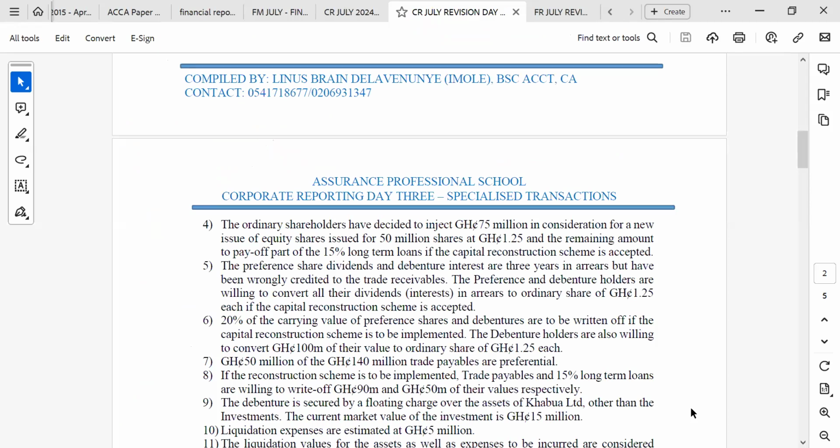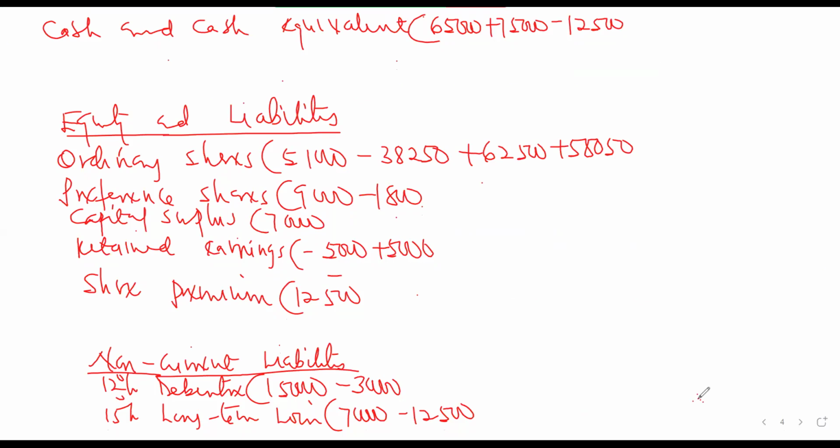The debenture holders are willing to convert 100 million of their fair value to what? Ordinary shares. So currently, how much is the amount on the debentures account? 120,000. Okay, this 120,000, they are saying that they are taking how much? 100.